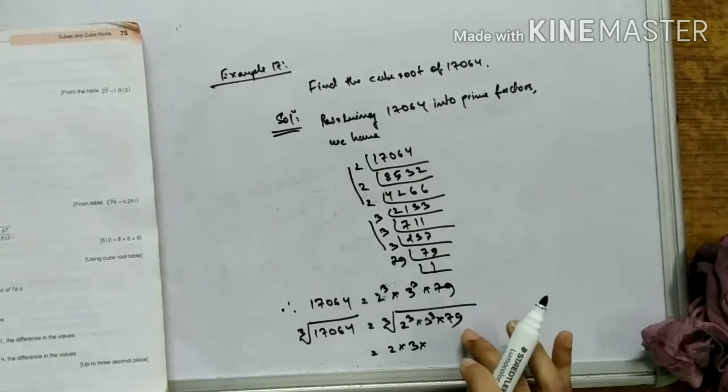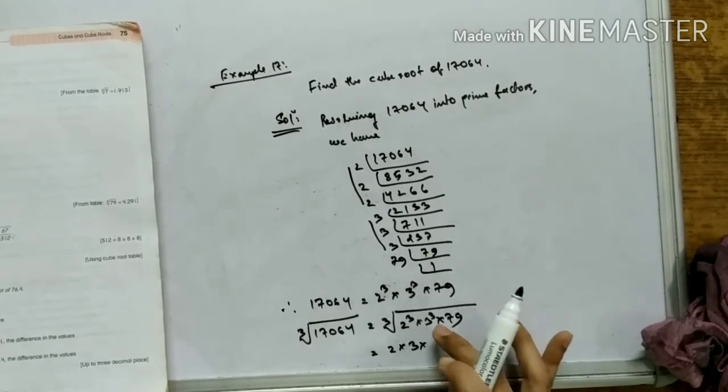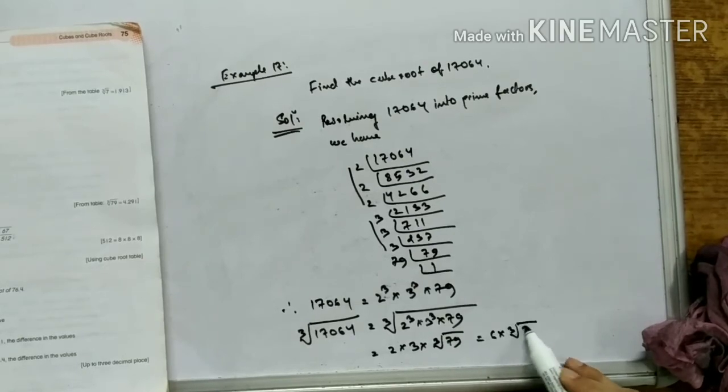On 2 and 3 the cube root will cancel out, because there is power 3, but since 79 does not have power 3, the cube root will remain. So this is equal to 6 into cube root of 79.